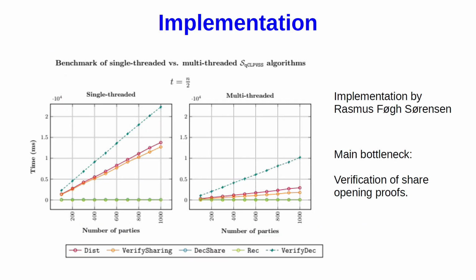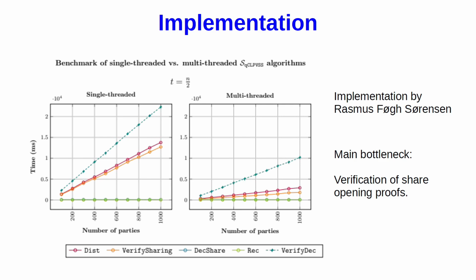Now we have an implementation. This is by Rasmus Frey Sørensen. And it's quite fast, and we can see that actually the main bottleneck right now seems to be the verification of the share openings that I haven't really talked too much about. It's just, again, a discrete log equality, but now you have to verify all the openings of the parties that are reconstructing the secret. One thing that I should mention about this is that this is for the case t smaller than n/2.